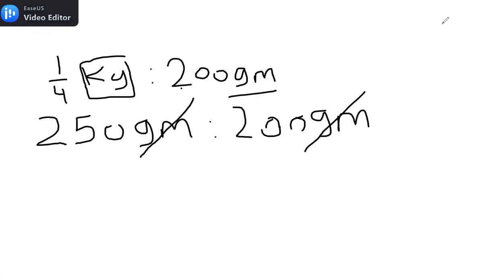First of all, we divide by 10, and this means to cancel this 0 and this 0. So it will be 25 to 20.